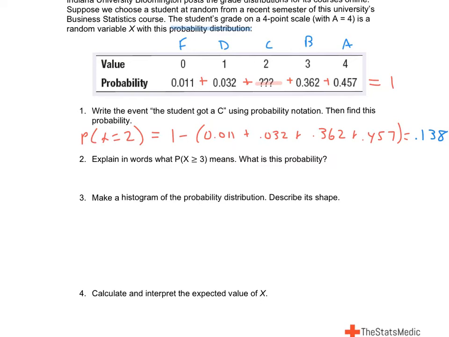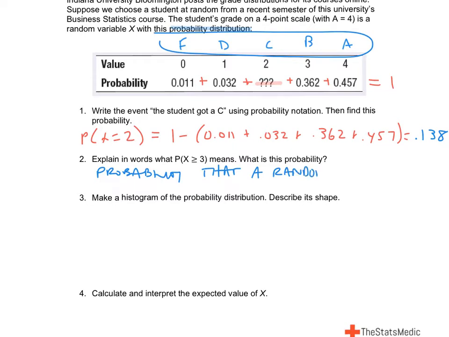What does that mean? I gave you a hint up here when I wrote these down, because all of these numbers really stand for a grade equivalent. So in words, the probability of X greater than or equal to 3 means the probability that a randomly chosen student gets a B or better.